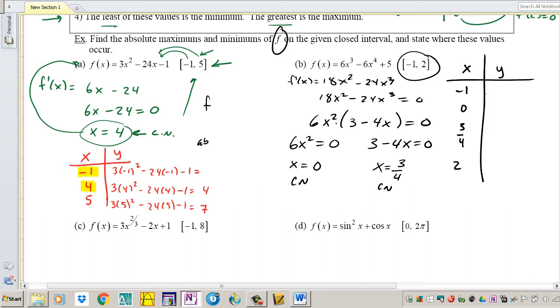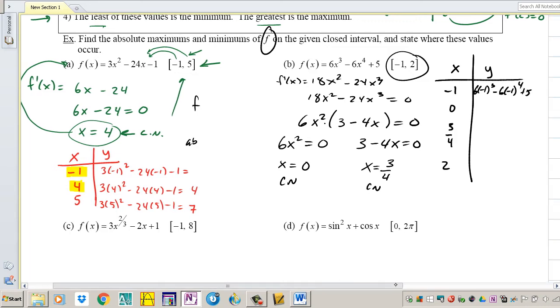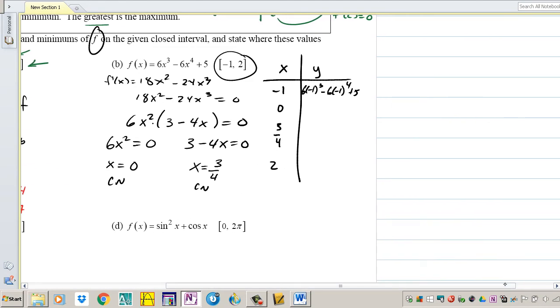So we have 6 times (-1) to the 3rd minus 6 times (-1) to the 4th plus 5. So that will give me -6 minus 6 plus 5, which is -12 plus 5, -7.